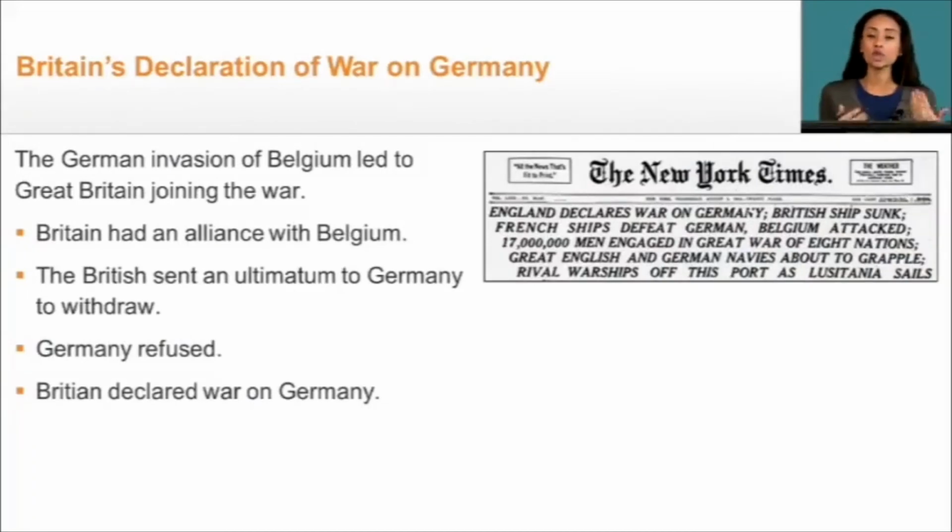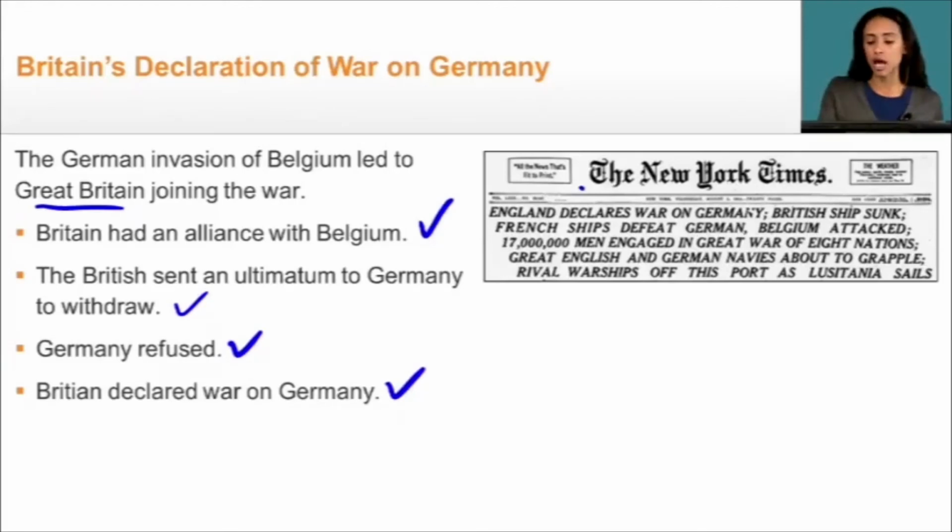The German invasion of Belgium is going to lead to England, or Great Britain, joining the war because Britain had an alliance with Belgium, and after Germany invaded Belgium, Britain sent an ultimatum, or an offer basically with no other options. You either do this or else. So the British sent an ultimatum to Germany to withdraw. Germany refused, and as a result, Britain declared war on Germany.